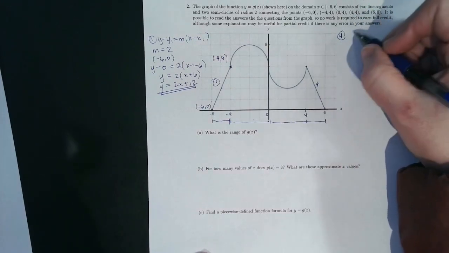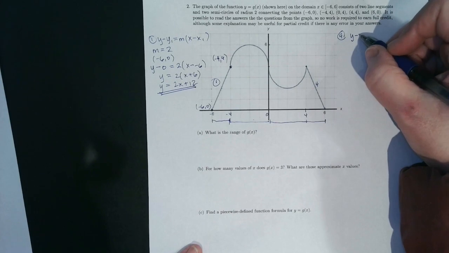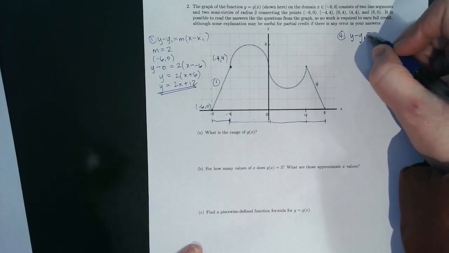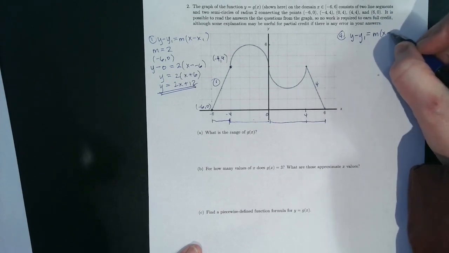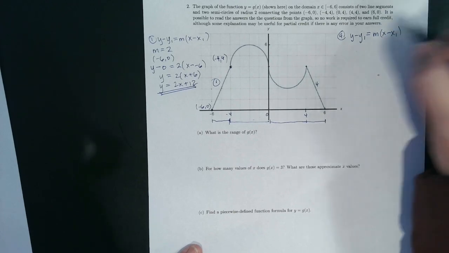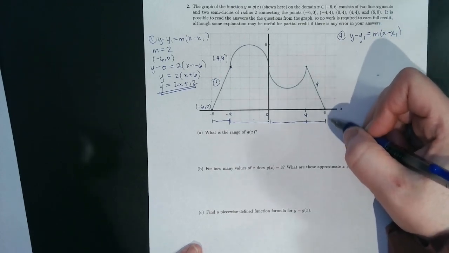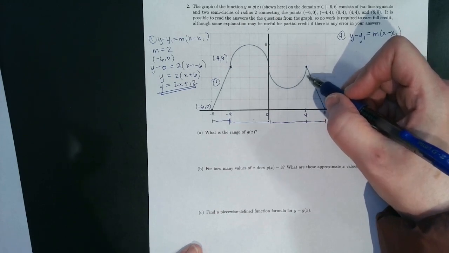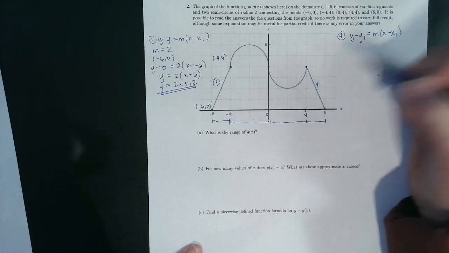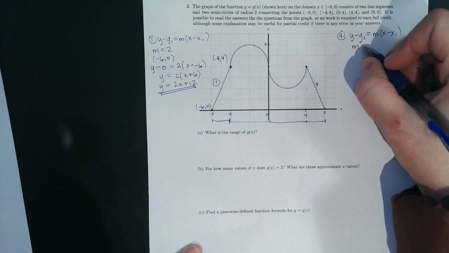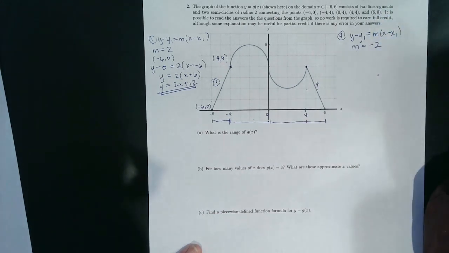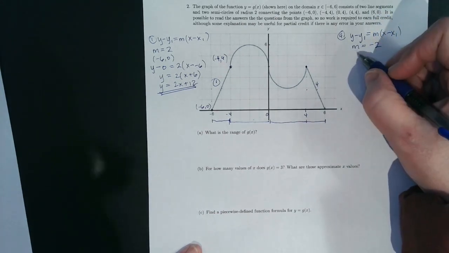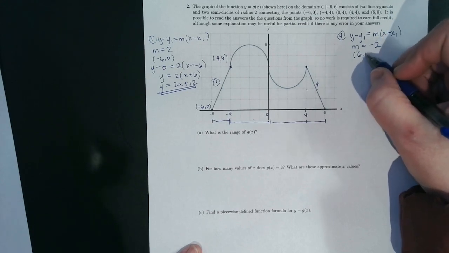So the fourth part is, again, general form y minus y1 equals m times x minus x1. And in this case, if we start at any point, say here, our rise is -2 and our run is 1, so we have slope equal to -2. And then we can use any point. Let's use 6, 0.